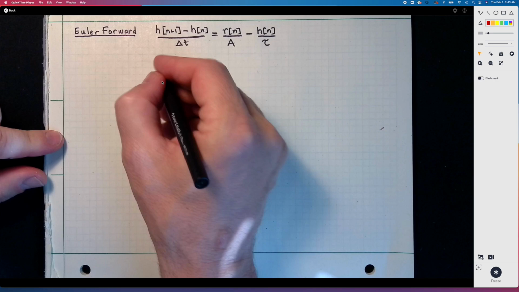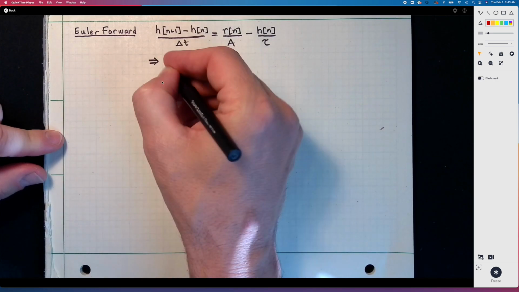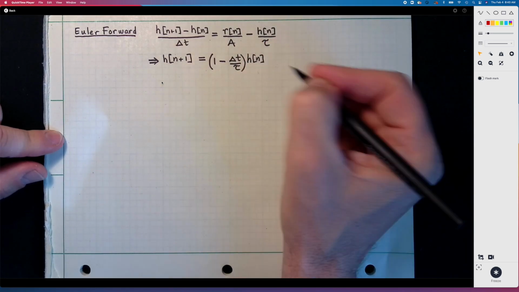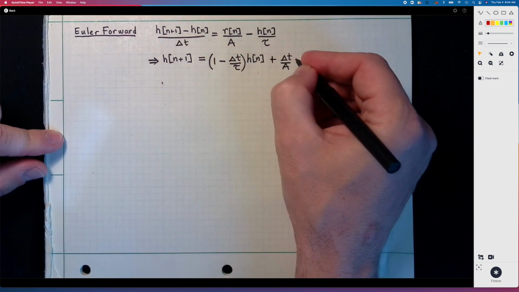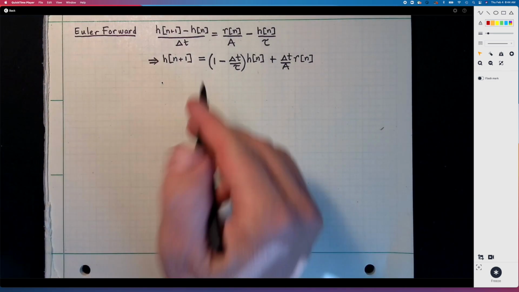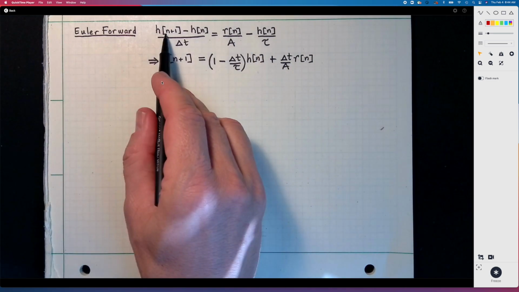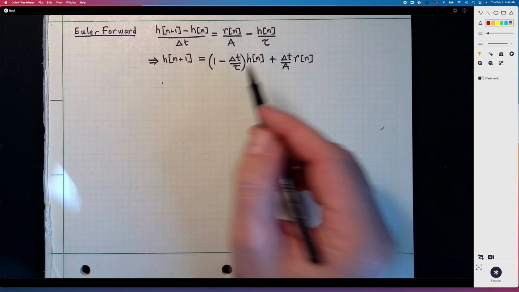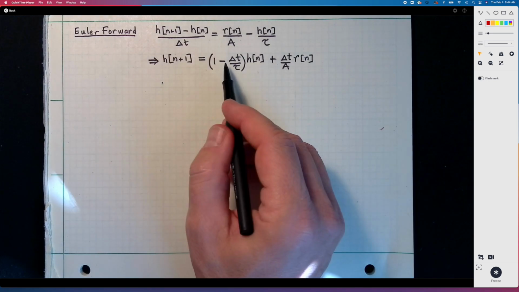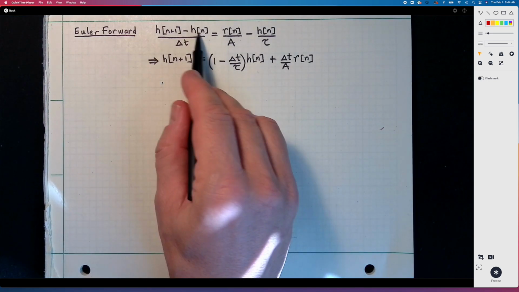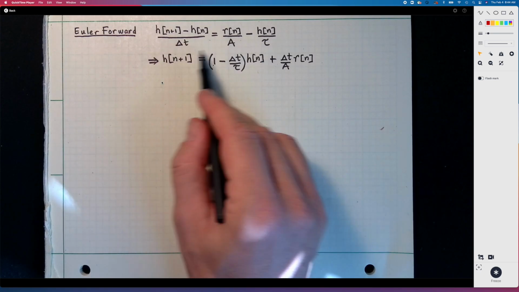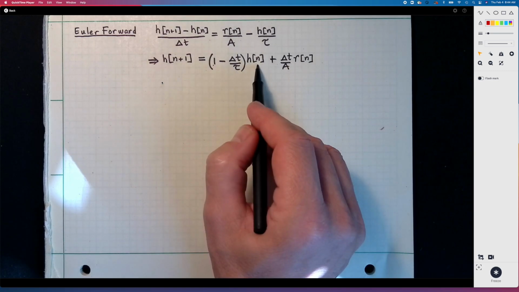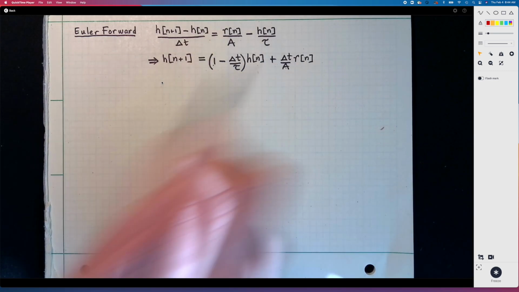And so if I rearrange this expression a little bit, I get the following. I've collected the terms so that I have h of n plus 1 on its own on this side, and then on the right hand side I have the contribution from h of n, which multiplies 1, and then the contribution with a minus delta t over tau times h of n, and then I have the delta t over A times r of n.